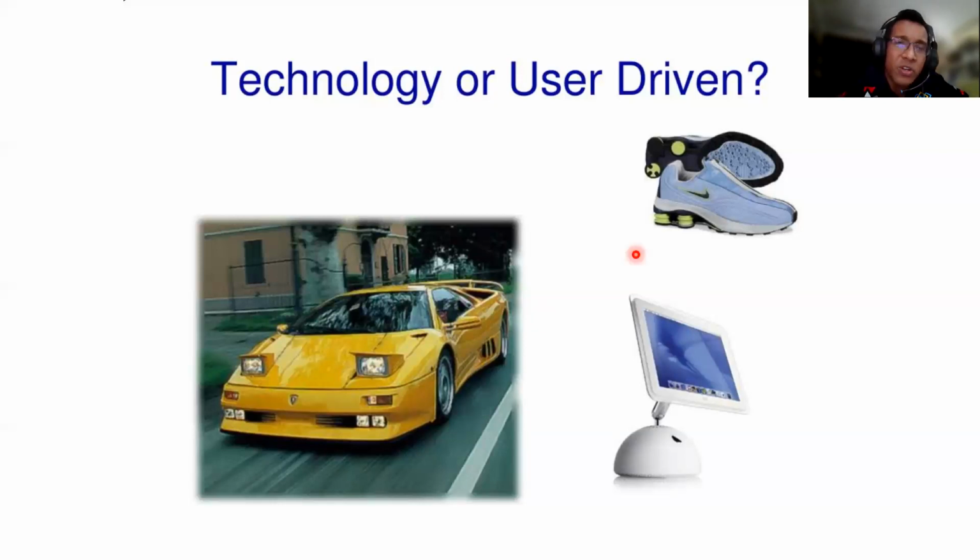So we can say this is technology driven, but now some makers focus more on the user driven. For shoes, we can see a lot of designs from Nike, Adidas, Puma. They have the same shape for the shoes, but the looks, the appearance, the ergonomics, the colors are different. That is based on user driven. It is the same for the desktop.